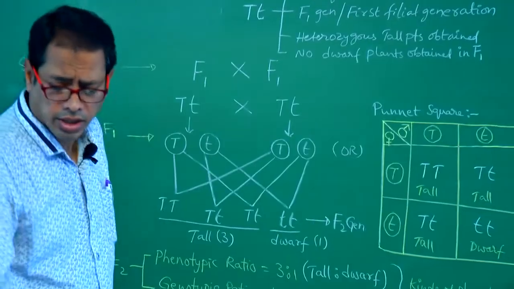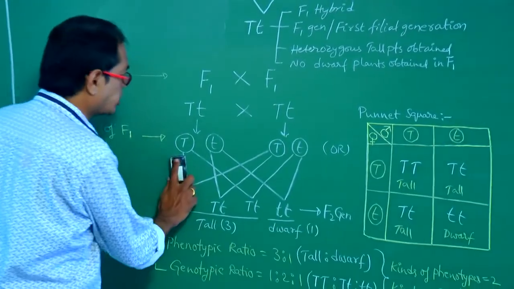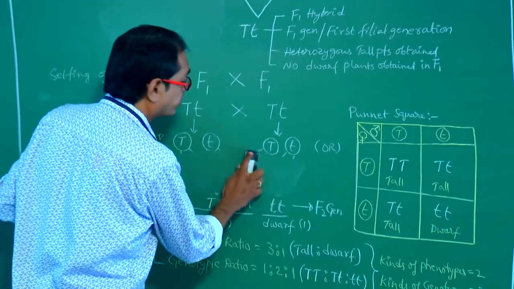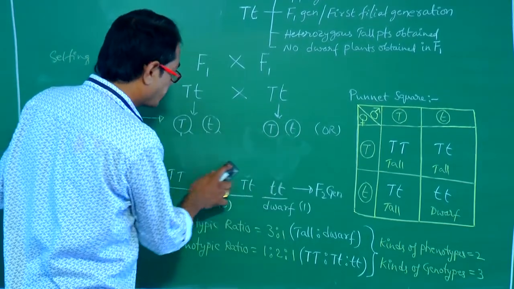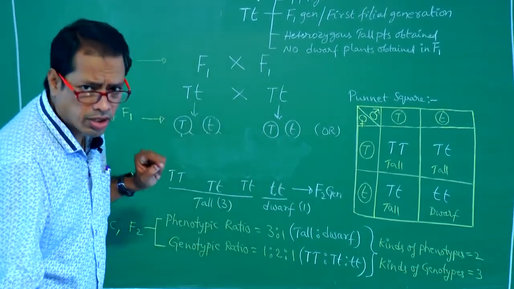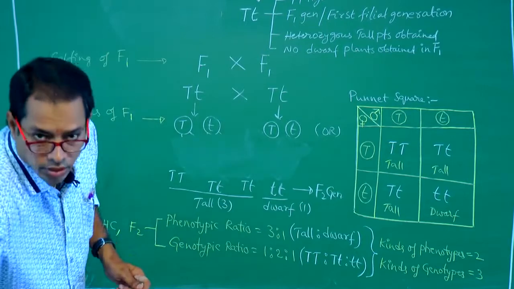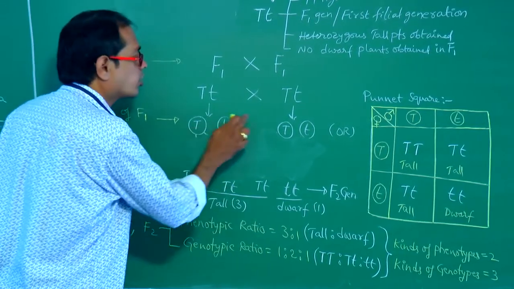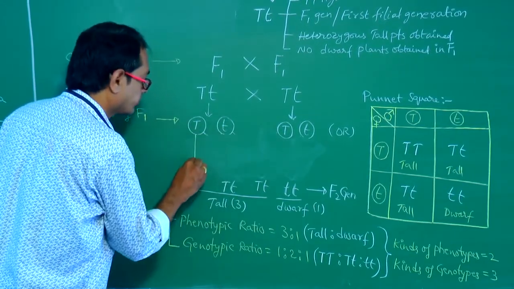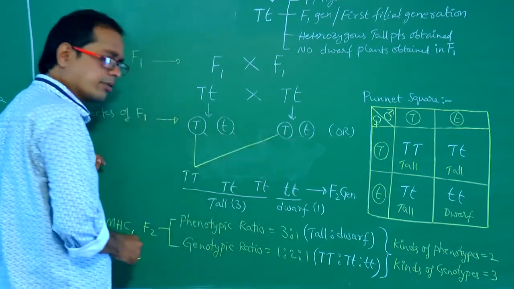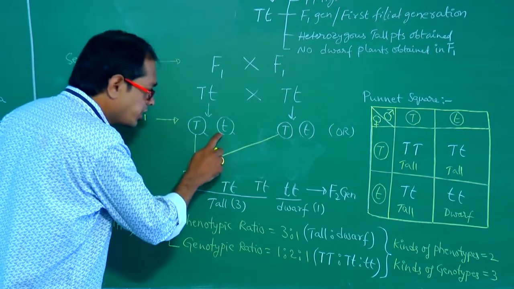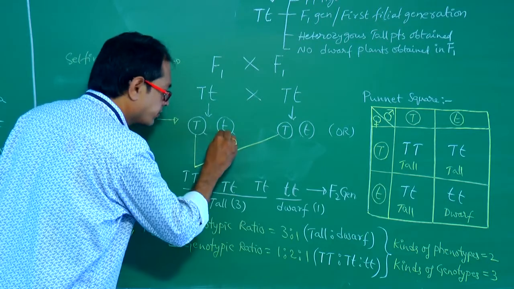F2 generation. Again I am going to explain how the crossing will be made. See, listen, my dear students, it is easy to remember. This one is crossed with this one, like this. Next, this one is crossed with this one.